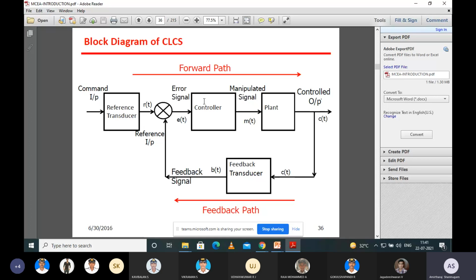Block diagram reduction. During that study we included some fundamentals of control systems, because control systems are also a very important topic for your competitive exams, like our measurements, like our electrical machines.